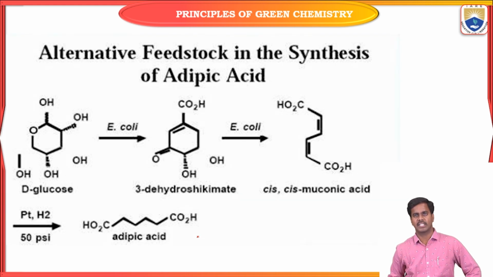The same adipic acid is formed by another alternative method, or green synthesis method. If you observe, D-glucose in the presence of E. coli, which is a bacterium, is converted into dihydroshikimate. This, also in the presence of E. coli, is converted into cis-muconic acid.